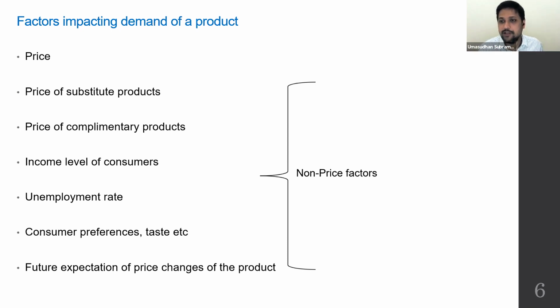So what happens when the price of sweeteners increases? The demand for tea comes down. So there is a negative relationship between price of one product and the demand of a complementary product. That's exactly right.